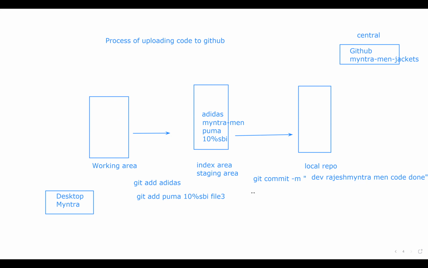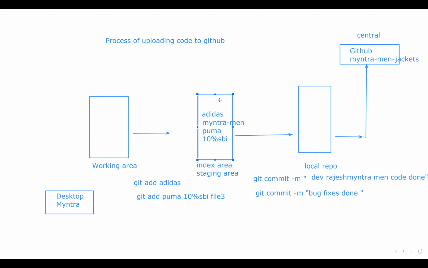In that scenario, what they will write is git commit -m "bug fixes done", so that others will understand this: so and so bug fixes are done by so and so team. That's it, guys. If the code is here, the next scenario is you will push this code from here to the centralized repository. That's the process.